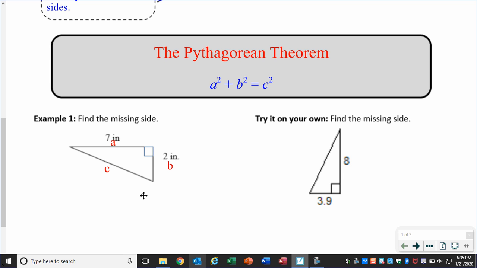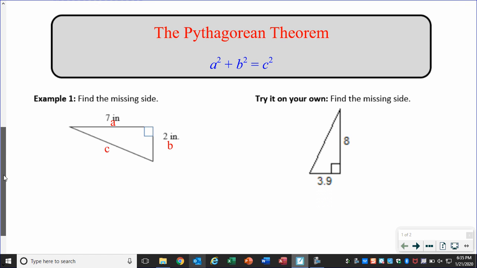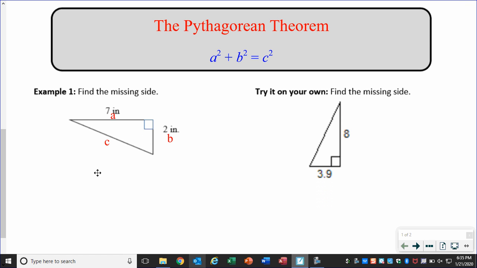Basically, we're going to plug the values we know into this formula and solve for the one we don't. We start off with the Pythagorean theorem: A squared plus B squared equals C squared.